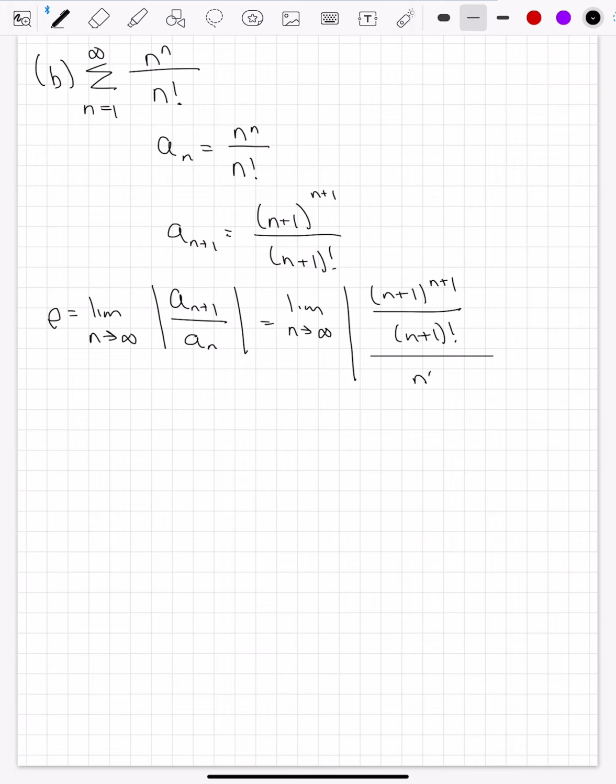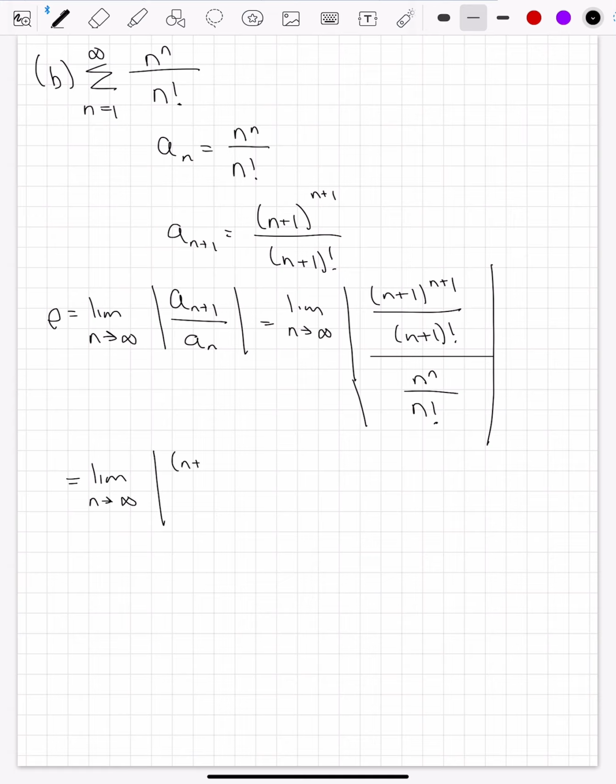And that's all over n to the n over n factorial. Then let's rewrite that because we can't divide by a fraction, so we multiply by the reciprocal of the denominator, which means I just need to flip my denominator, so that's going to become n factorial over n to the n.